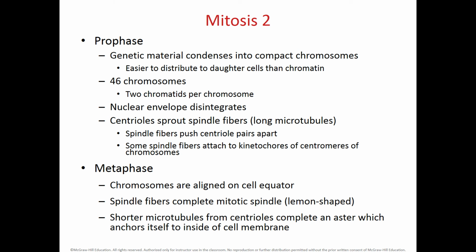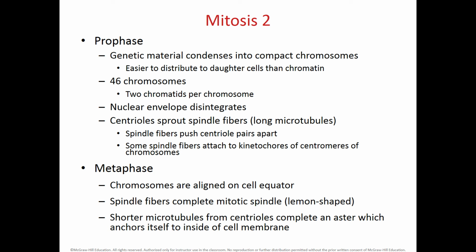You can see the newly compact chromosomes under the light microscope, and you will have 46 chromosomes, each with 2 chromatids per chromosome. These chromosomes will then be subdivided into their individual chromatids for each of the daughter cells.